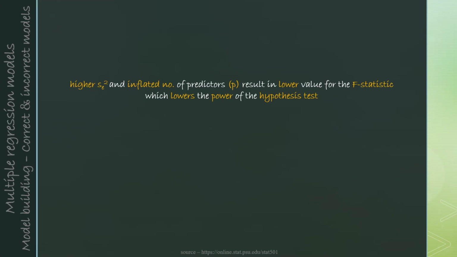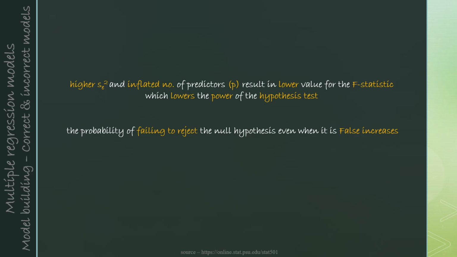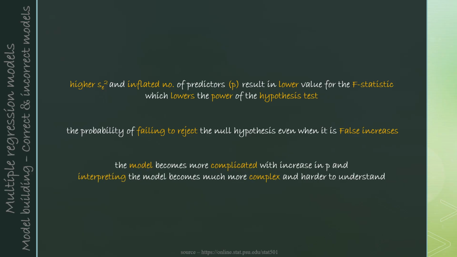Higher SE square and an inflated number of predictors p result in a lower value for the F statistic, which lowers the power of the hypothesis test. Meaning, in this particular case, the probability of failing to reject the null hypothesis, even when it is false, increases. In addition, the model becomes more complicated with an increase in p, and interpreting the model becomes much more complex and harder to understand.